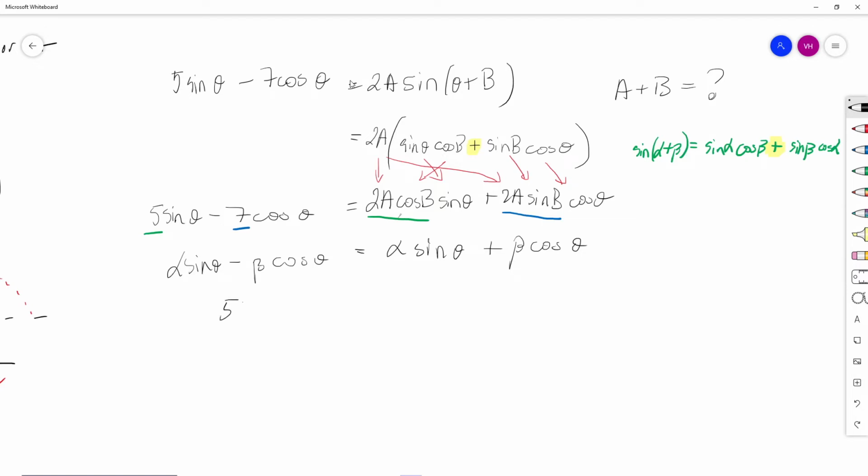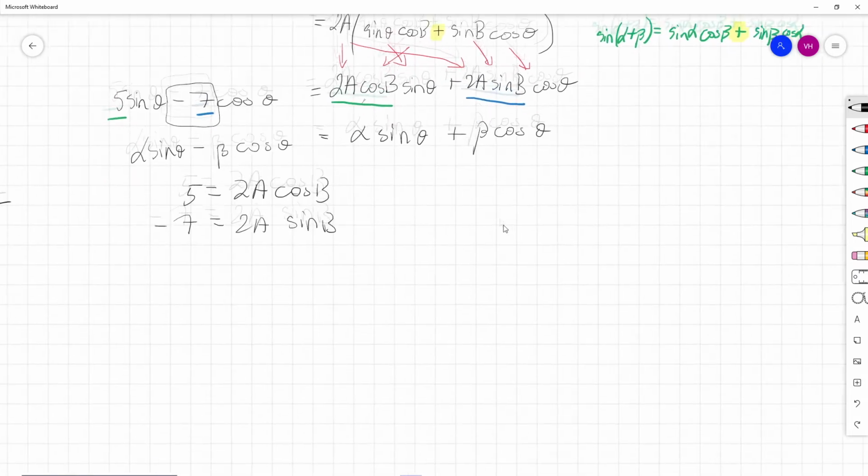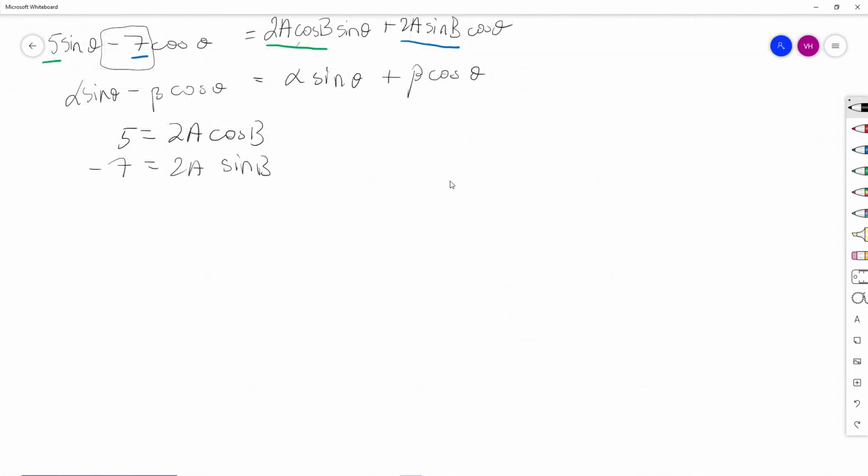So 5 would give us 2a cos b. And then negative 7, because again, it's the whole thing over here, would give us 2a sine b. In fact, let's rewrite this a bit differently to make it easier to look at.